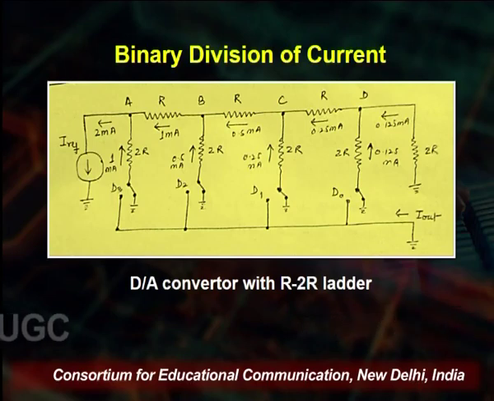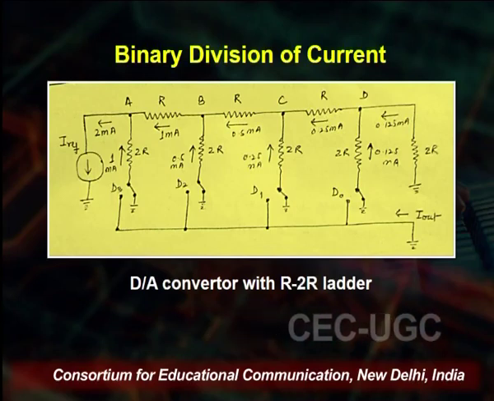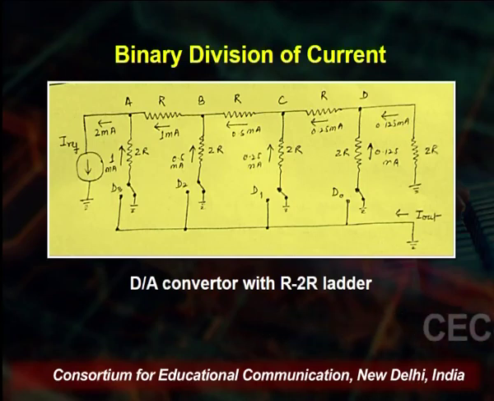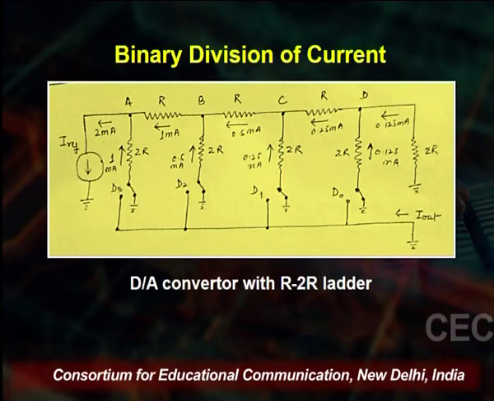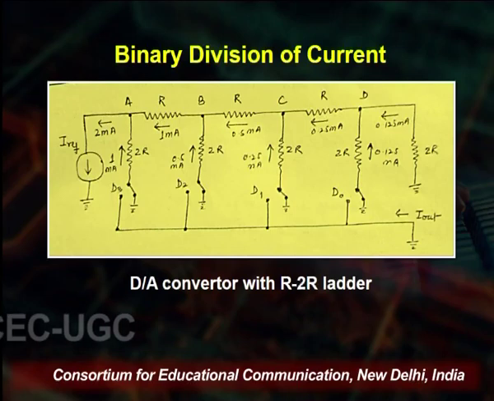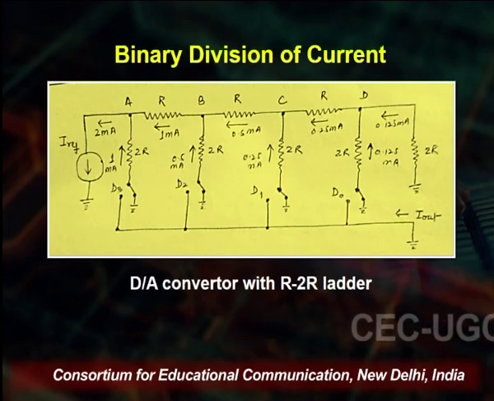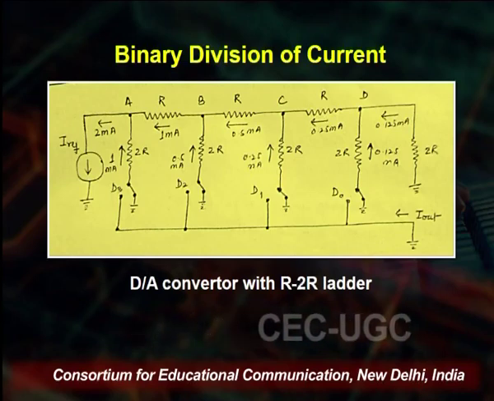Hence, this R is again in series with the horizontal resistance at C. Now, R and R in series again gave us 2R. So, this resistance of 2R is seen to be in parallel from node C with the 2R resistance that is branching out from C. So on and so forth, we can see that in this case we use minimal variation of components, that is resistance.